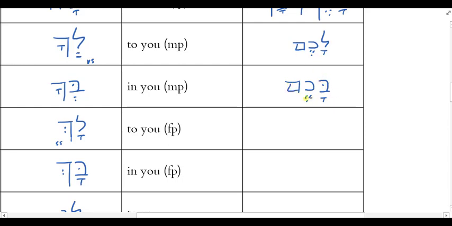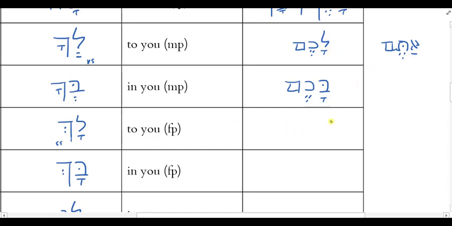So lachem, bachem. To you, in you, men. So remember, the way to say y'all as an independent personal pronoun is atem, right? You see the tem when it's the subject, and chem when it's the object. Tem, chem, tav, kaf, okay?